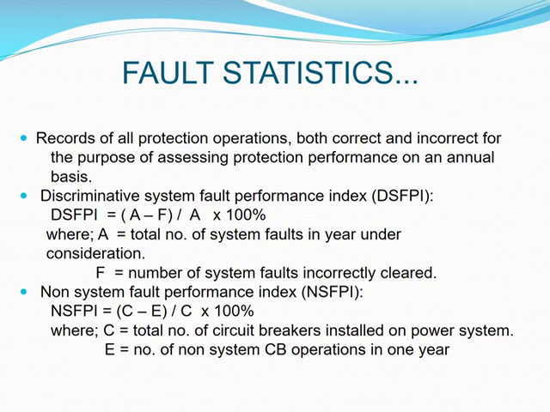All the records of your protection operations need to be kept, and they must include both correct as well as any incorrect operations that have happened. We do this for the purpose of assessing the protection performance on an annual basis. That annual performance is what gets measured for all of your electrical suppliers, so that we can be sure that their systems or networks are in good health and that they can perform well.